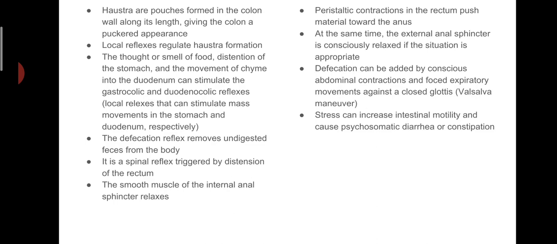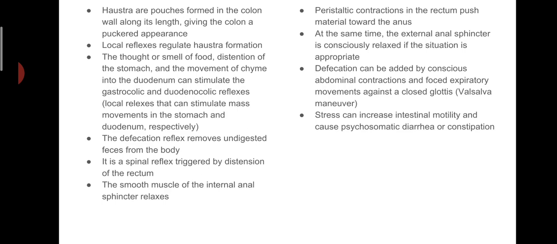The defecation reflex removes undigested feces from the body. It is a spinal reflex triggered by distension of the rectum. The smooth muscle of the internal anal sphincter relaxes. Peristaltic contractions in the rectum push material toward the anus.